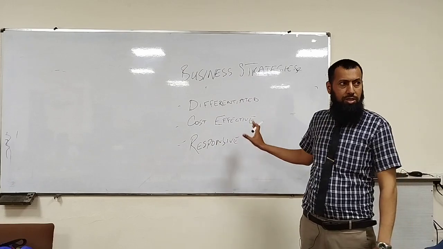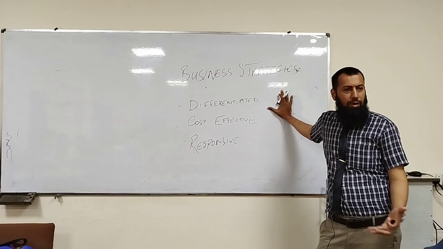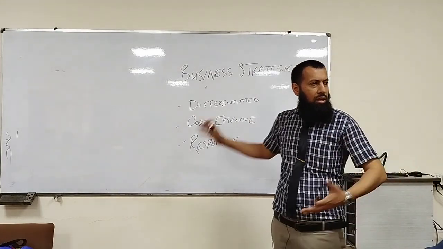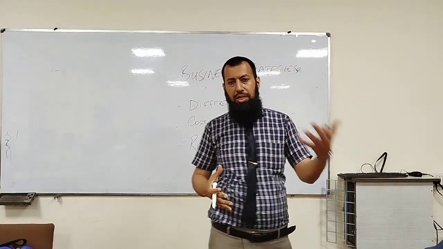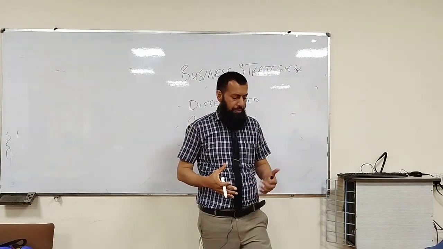We talked about these three strategies. In the differentiated strategy, we talked about the strategy in which we come up with the unique selling point. Okay? We come up with the differentiated offering of services and products.